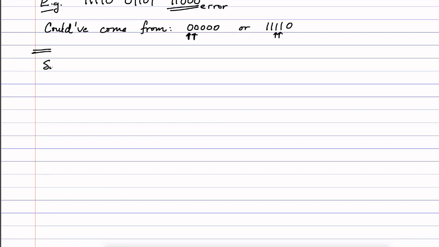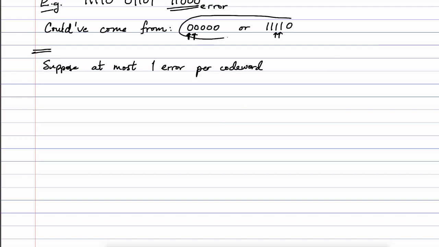So now suppose, at most, one error per code word. Well, then you wouldn't find yourself in a situation like this. That's going to be the moral of the story.